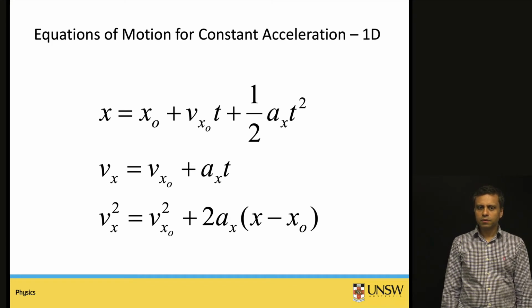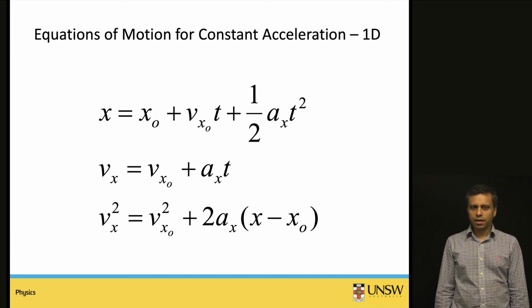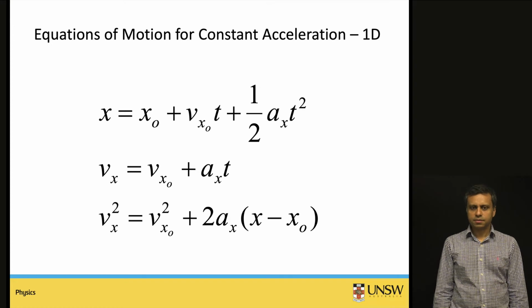And to solve problems, you have to pick which equation to apply. For example, if you are asked to find the position of the particle and you are not given the final velocity, you can work with the first equation, because you don't need vx in that case. If all the other variables are given, you can obtain the value of x, the final position.